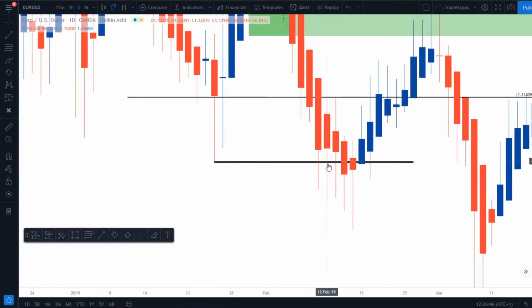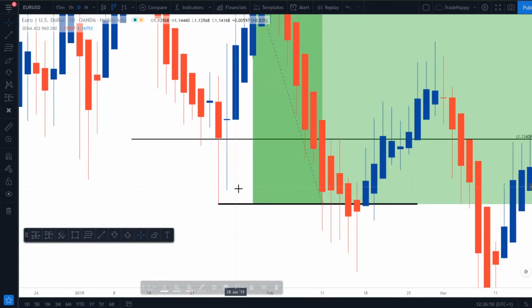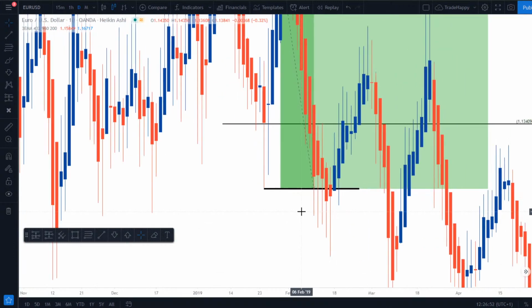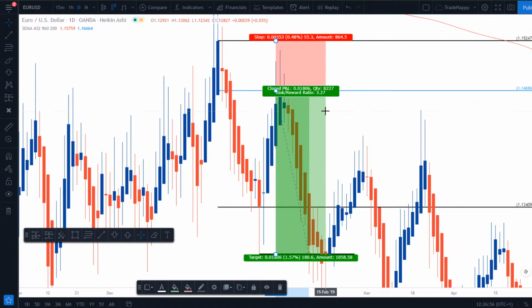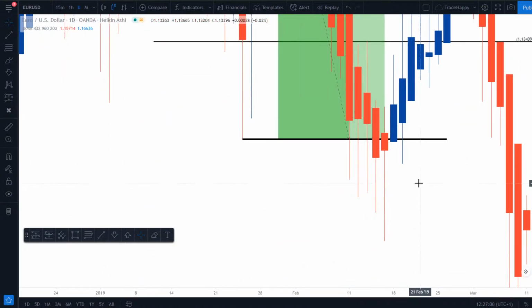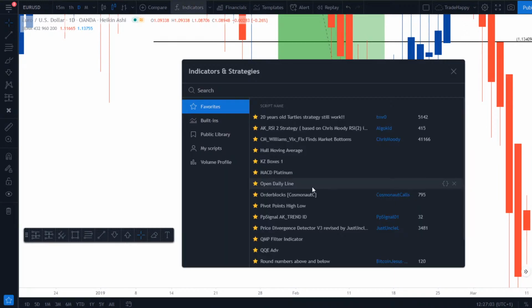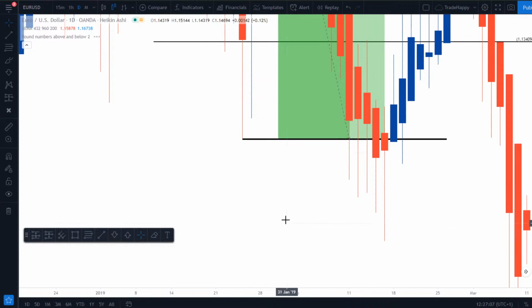Now there's still room here that you can get profits. So if we just move this down, we're already at 180 pips. Now that's pretty good still, but there's still more to gain in that. So if we have a look at this, there's a really nice indicator that I use, which is round numbers.